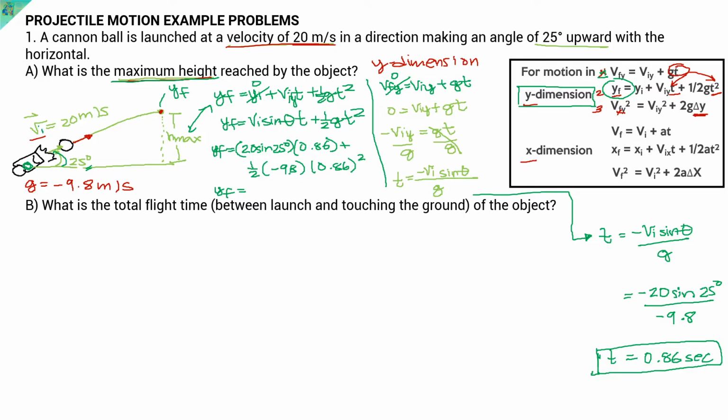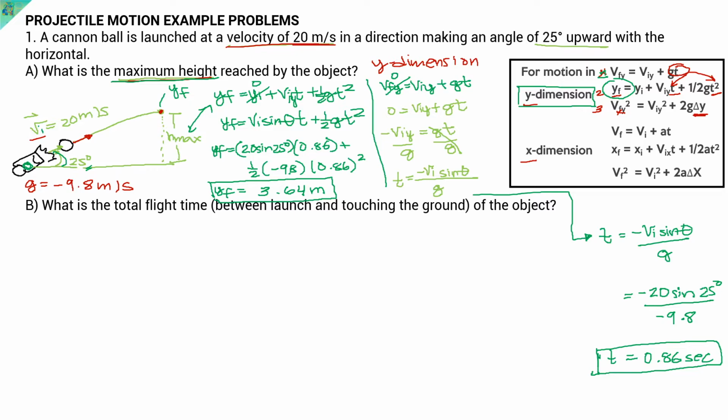Okay, the answer is 3.649. Okay, so it's safe to say that our final height is 3.64 meters, since we are searching for height that should be in meters. So that's how you do it. How to search for the maximum height.